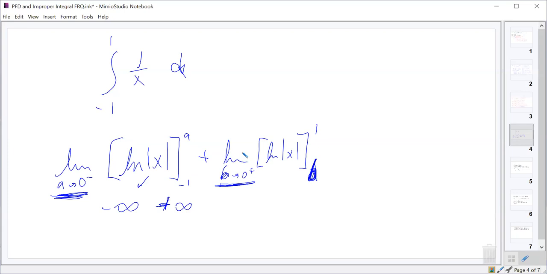Couldn't you make a limit that captures this and it's only one limit? Let me try to think of one.